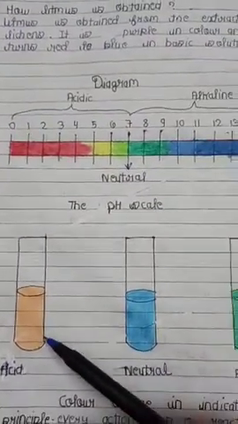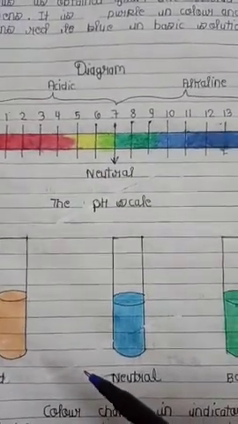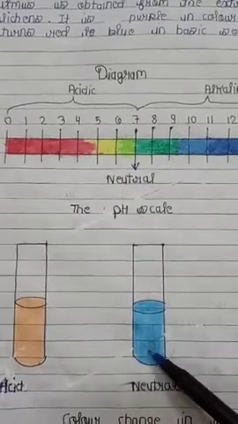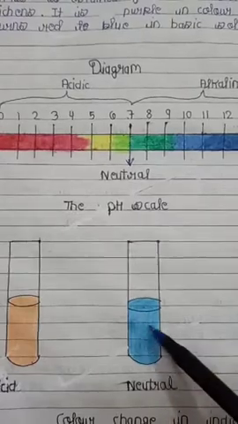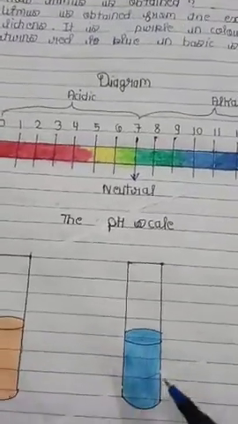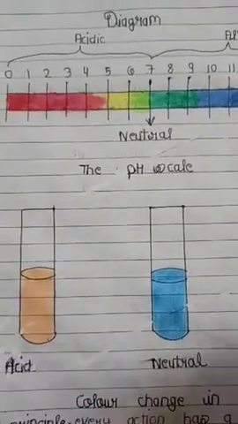So you can fill yellow here if you use turmeric as an indicator. In neutral substances it remains the same, the watercolor, which we always use as light blue. So children, this is all about this chapter.